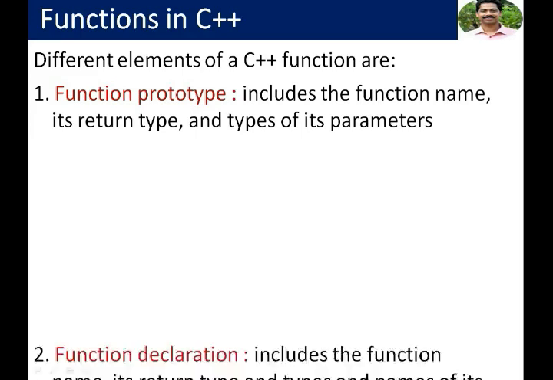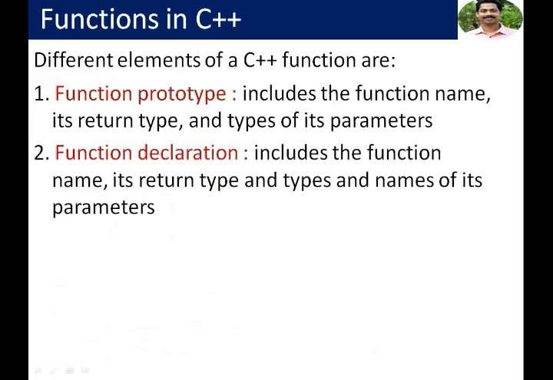Then second is the function declaration. After the prototype, we should define the body of the function somewhere in the program. It may be defined before the main program or after the main program. It includes the function name, its return type, and types and names of its parameters.